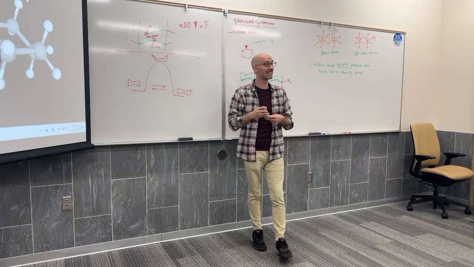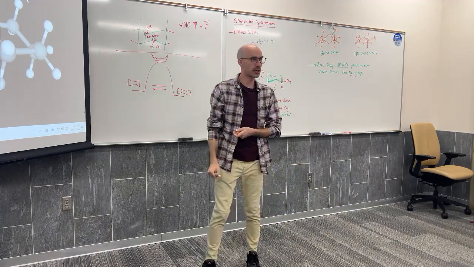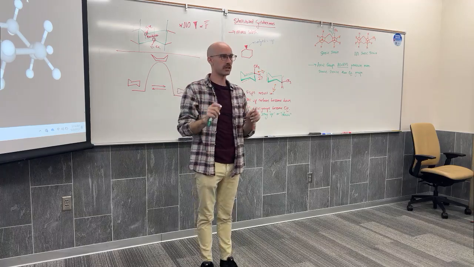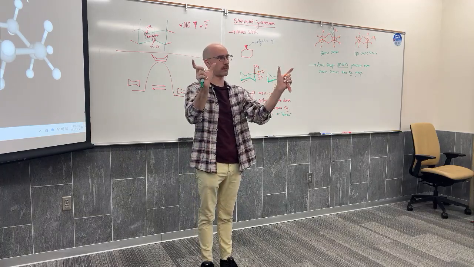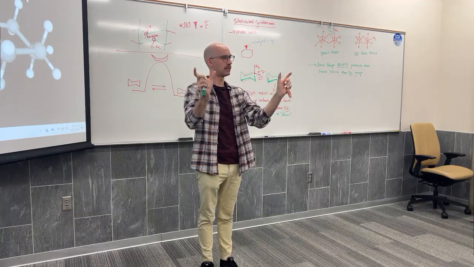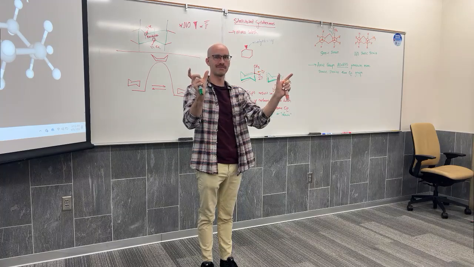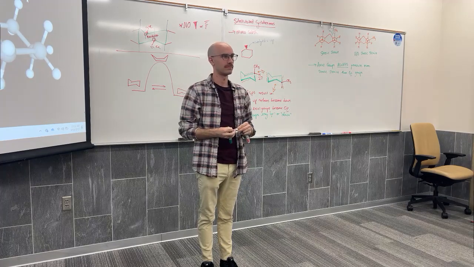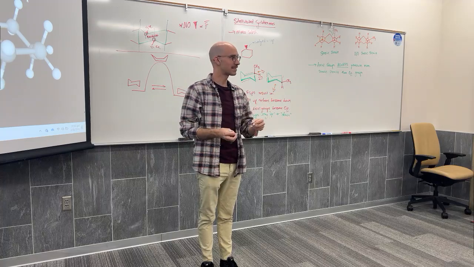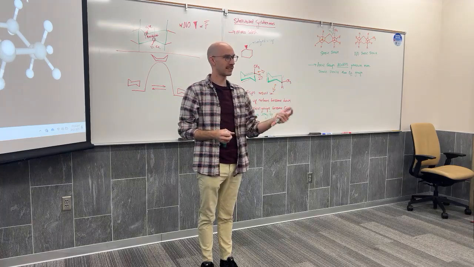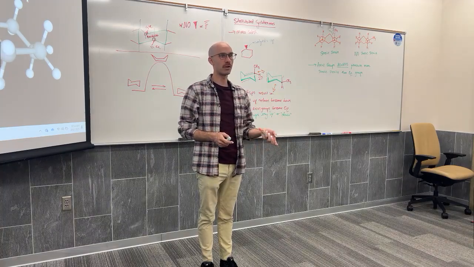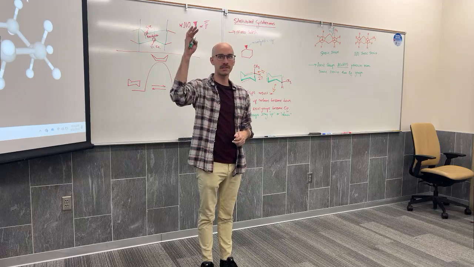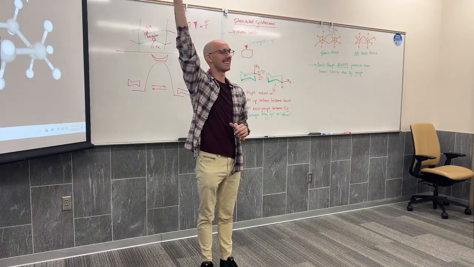Okay, here's a really nice takeaway. You can draw a structure, a chair conformation, or draw the 2 chair conformations for a molecule. And in each of them, count the number of axial groups. The structure with less axial groups has less strain, is more stable. More axial groups, more strain, less stable.